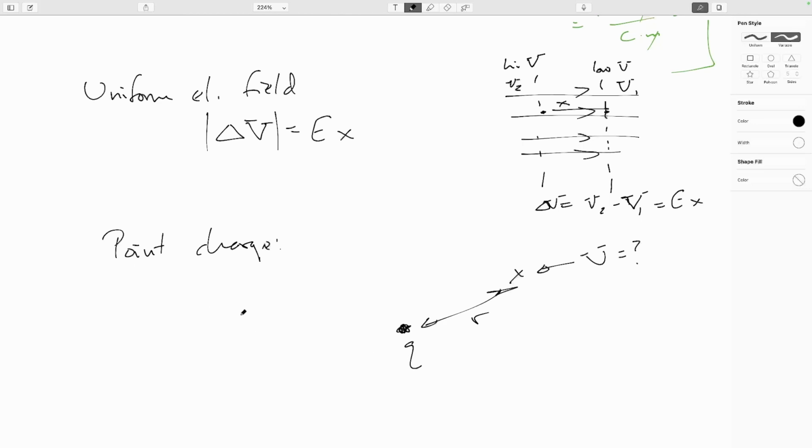Following this same definition, the potential energy would be K times Q times some charge I pretend to put here over R, and then I divide by that charge I pretended to put over there, and I will be left with the voltage at this location being KQ over R.